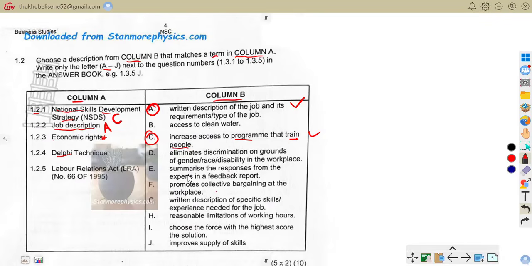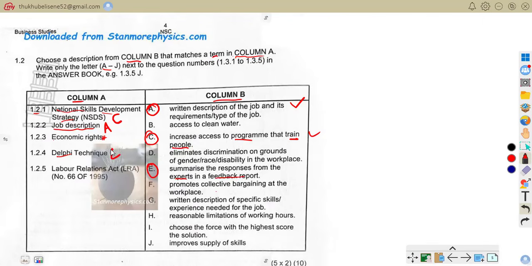So we want to know the description that matches the Delphi technique, 1.24. We can see now the correct answer is E: summarize the responses from the experts in a feedback report.